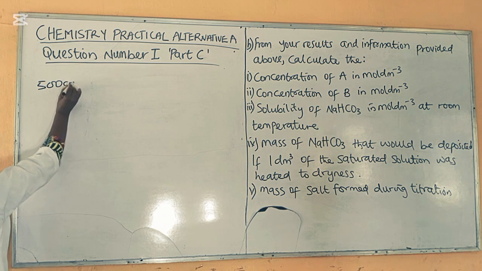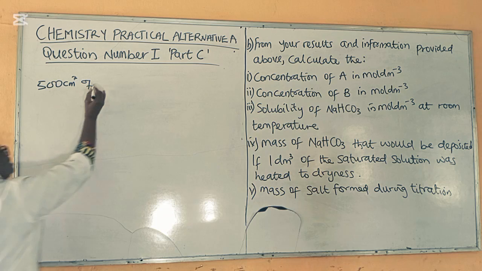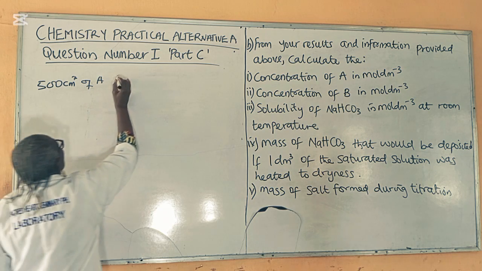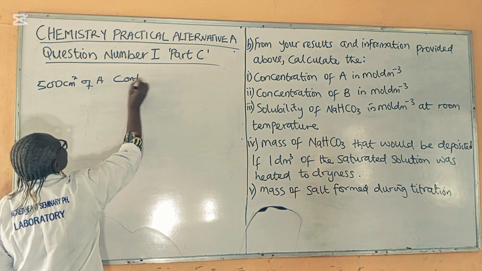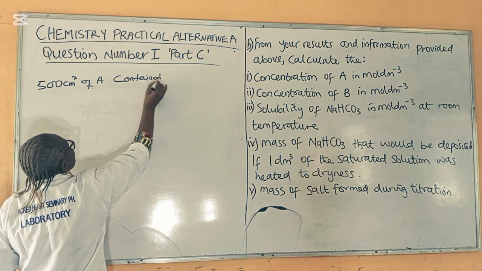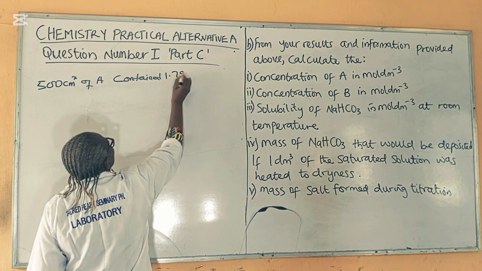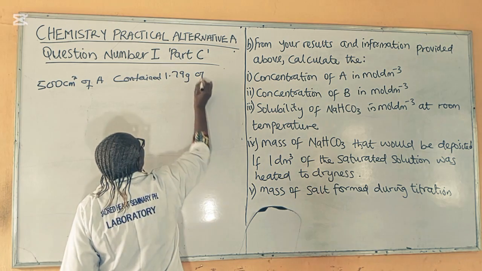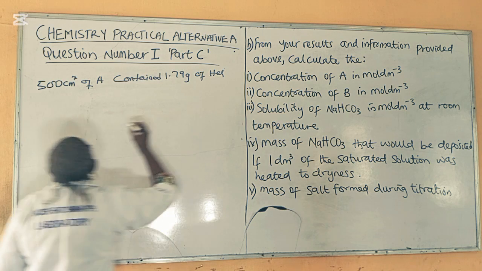500 cm³ of A contained 1.79 grams of HCl.